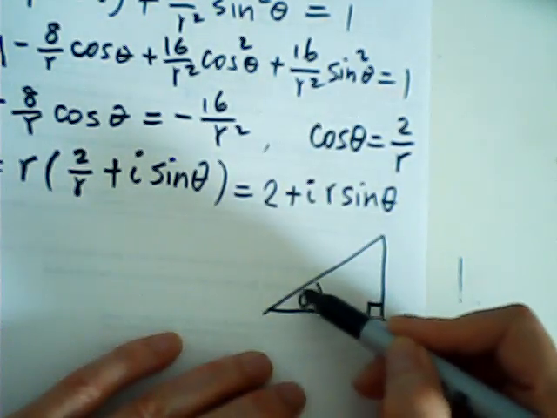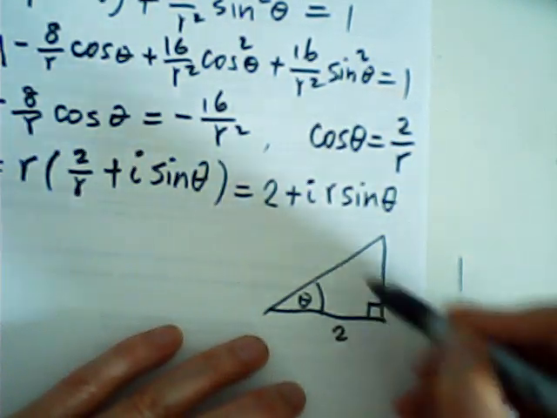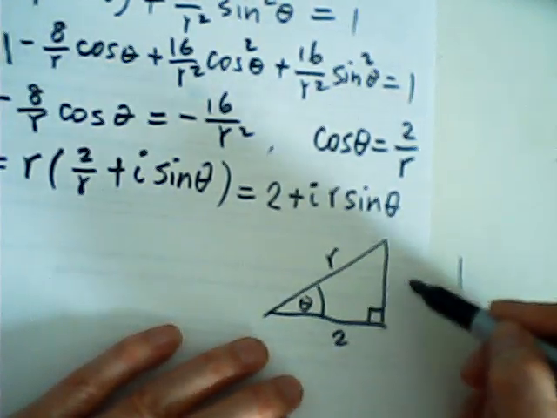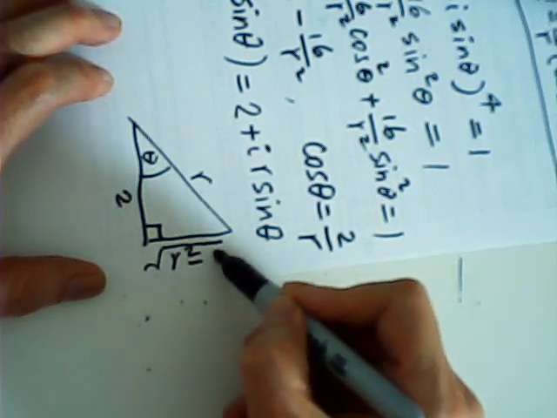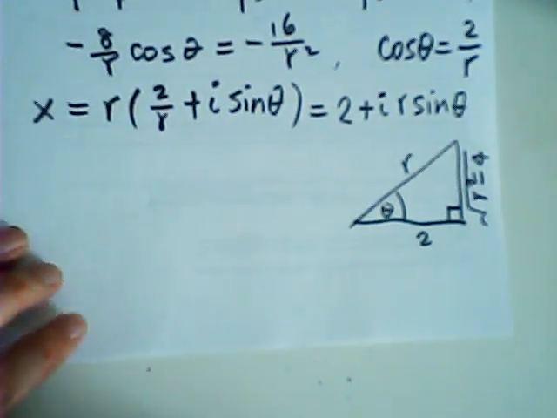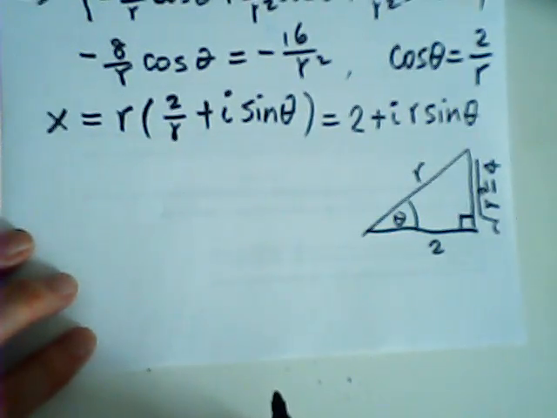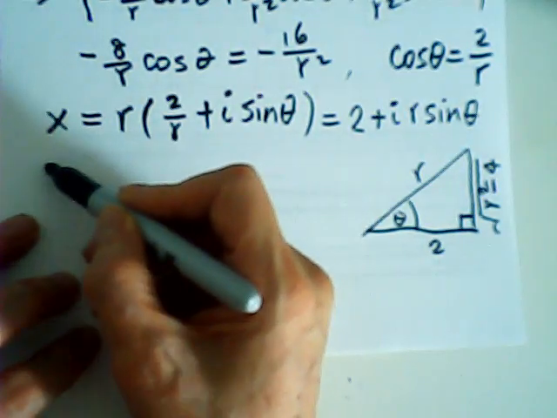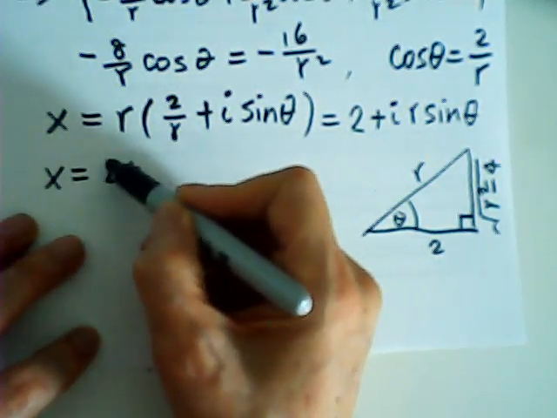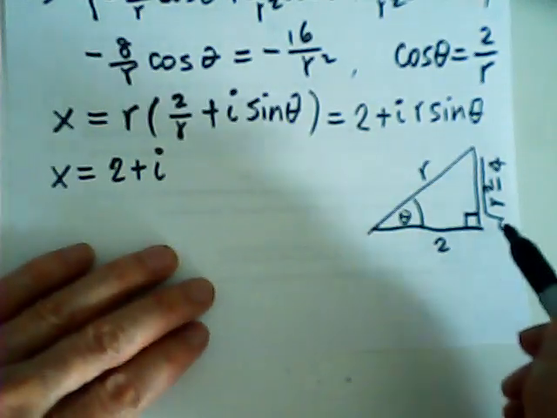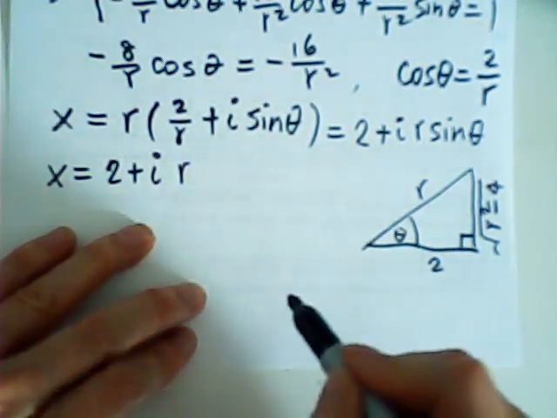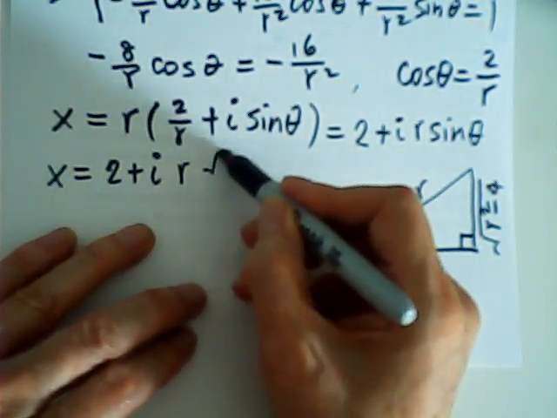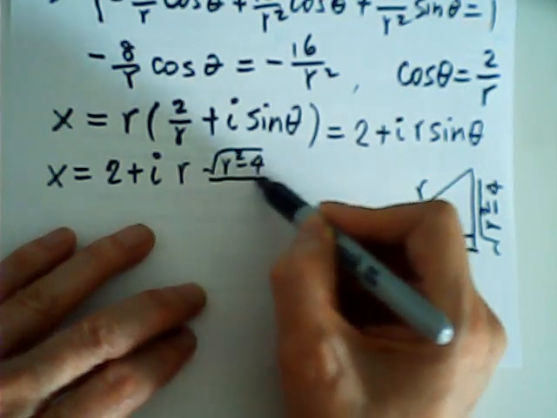Cosine theta, this is theta. This is 2, this is r, right? That's cosine theta. So this side would be square root of r squared minus 4. Okay. So sine theta is equal to that over r, so x is equal to 2 plus i r times sine theta. r times sine theta is equal to square root of r squared minus 4, right?